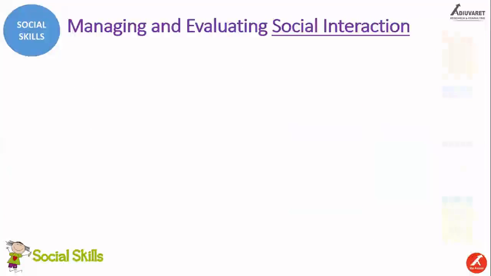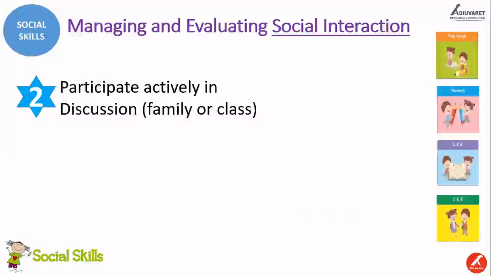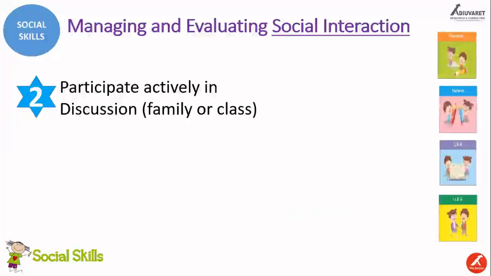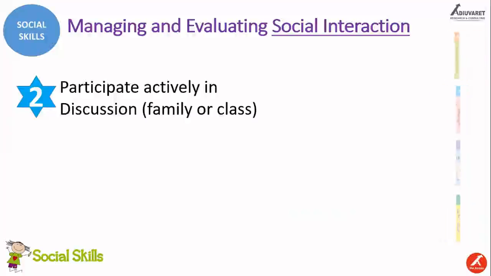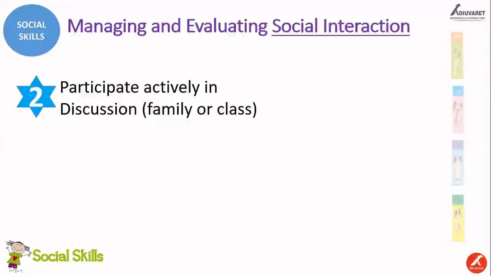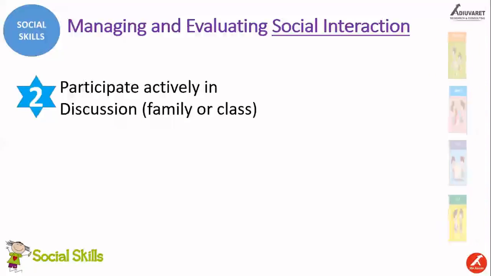Going further, the second skill we are trying to evaluate and inculcate under social interaction is that the child participates actively in various discussions. Whether it is in school or in the family, social interaction requires that the child should have some kind of information so that the child becomes an active participant in that particular discussion.